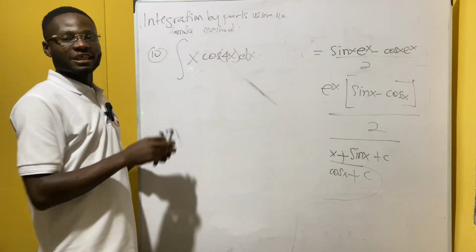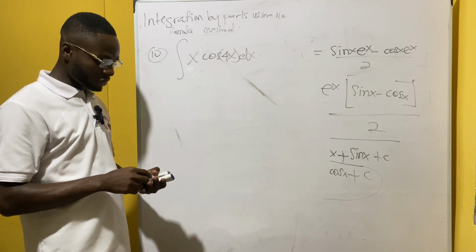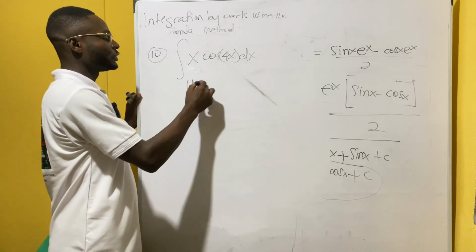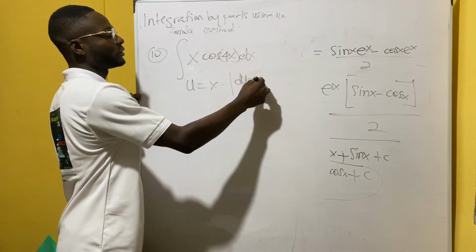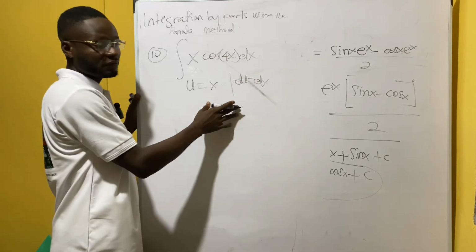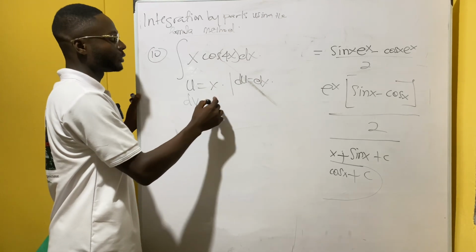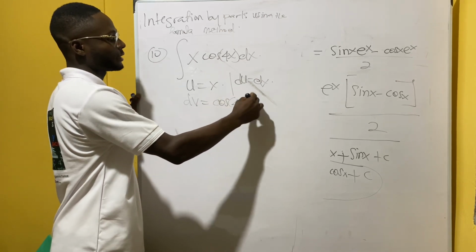So clearly from here we can see what we are choosing for u and what we are choosing for dv. So we can say that our u should be equal to x. So this means that du is equal to dx. So if we have gotten this, then it means that our dv will be equal to cos 4x dx.